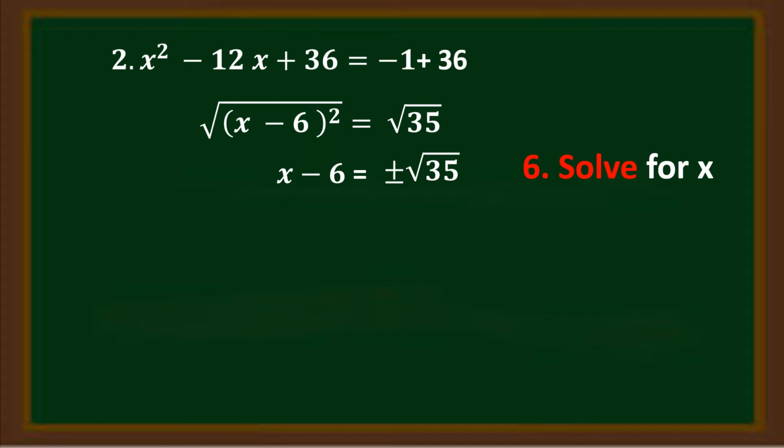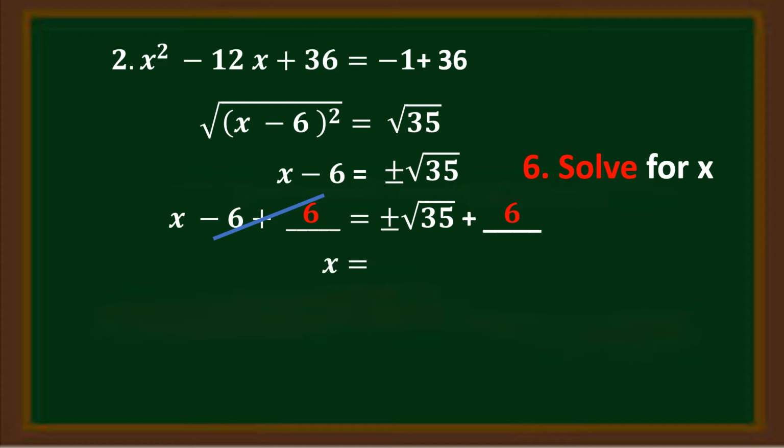Next is to solve for x. To do that, we have to add the additive inverse of negative 6 to both sides of the equation, and that is 6. In our left side, we have negative 6 plus 6, that is equal to 0, so we have in here x.